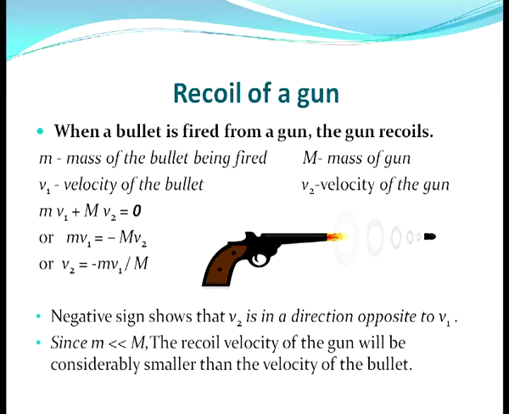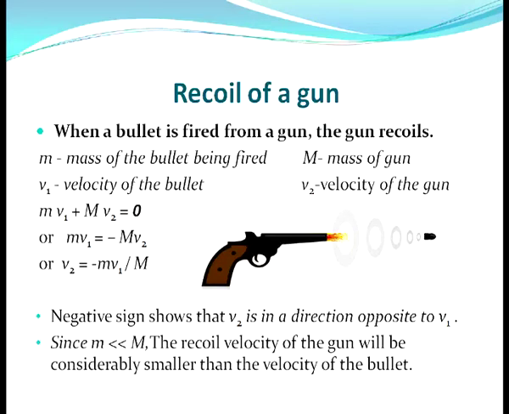Suppose small m is the mass of the bullet being fired and capital M is the mass of the gun. V1 is the velocity of the bullet after firing and V2 is the velocity of the gun after firing. Because before firing both are at rest, the velocity was 0. So, according to conservation of momentum, mV1 is the momentum of the bullet and MV2 is the momentum of the gun.